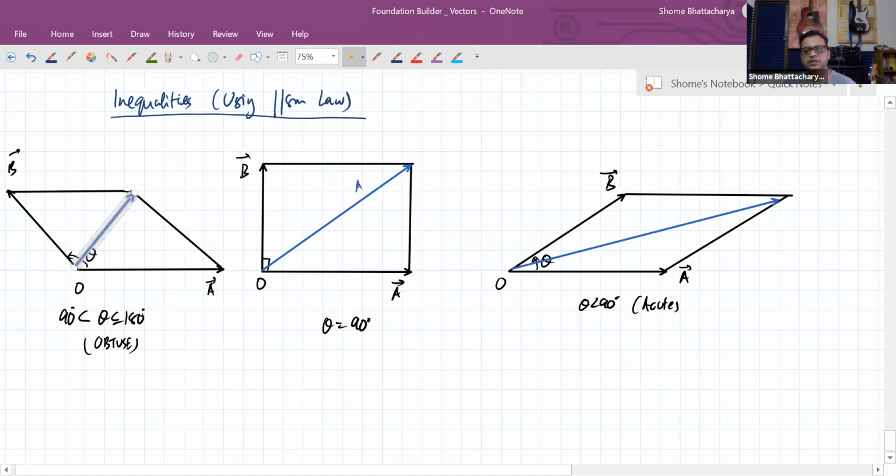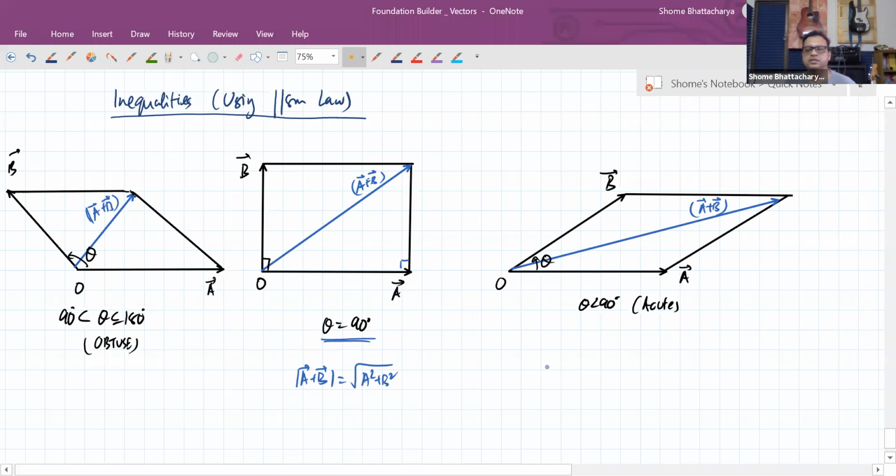If I start comparing the magnitude of a plus b here with the magnitude of a plus b here, and here, you immediately realize that whenever theta is 90 degrees, magnitude of a plus b is root of a square plus b square. So this is a right angle triangle, it's 90 degrees.